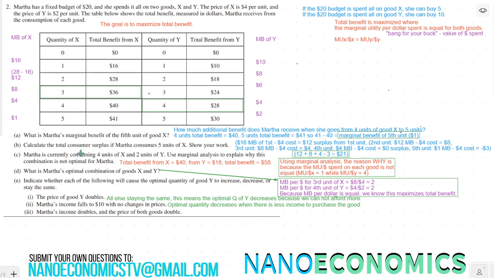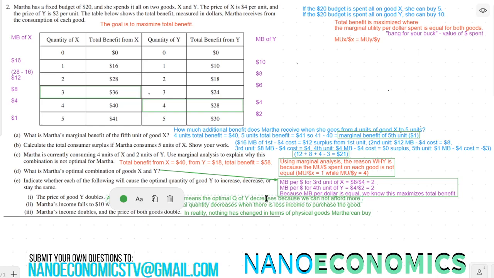And then Martha's income doubles and the price of both goods double. And here we're looking at a question of relative prices, and nothing in reality has changed. So she can still buy the same number of goods, it's just the receipt has doubled numbers and her paycheck has doubled numbers.